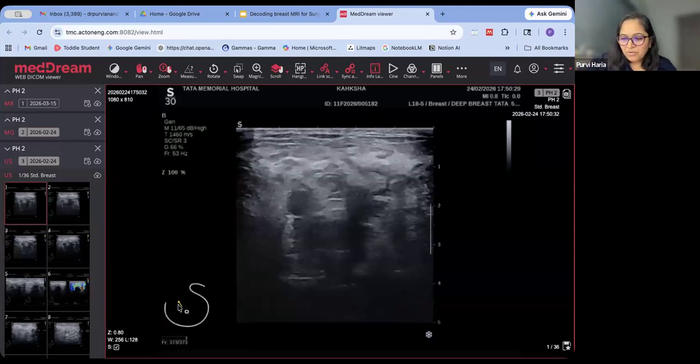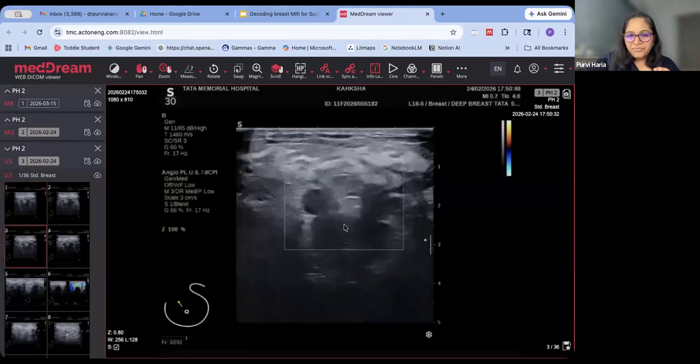So before even opening the scan, going through the mammo and ultrasound to find out why the MR was done is the most important question for me as a radiologist to answer when I'm reporting the MR. And this is what we tell all our students as well: first know why you've done the investigation and then try to report it.